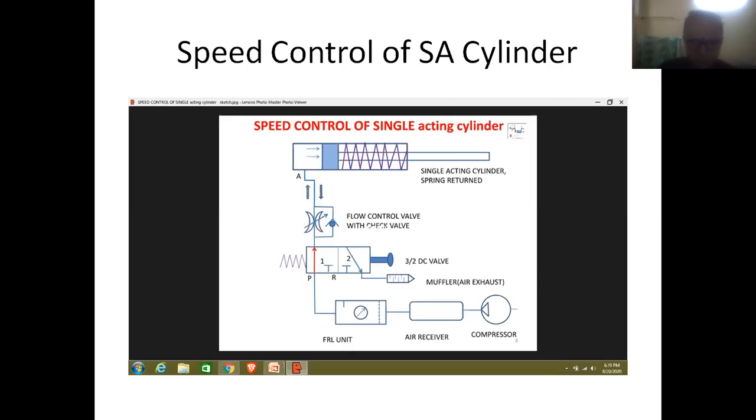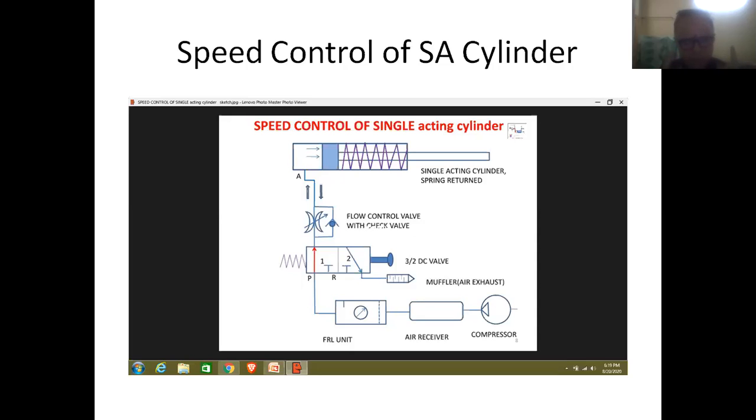And friends, we can see the arrangement of the compressor, driven by an electric motor. If you switch on, the motor will be converting electrical energy into mechanical energy. And in the second stage, the compressor will be converting the mechanical energy of the shaft into pressure energy of fluid.